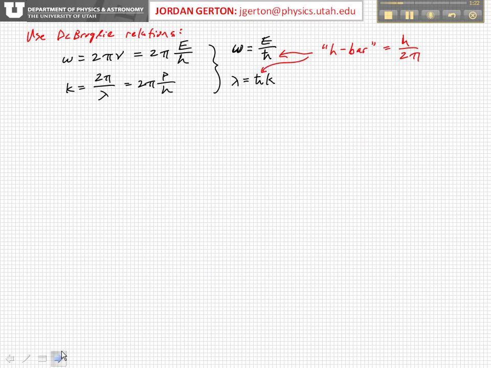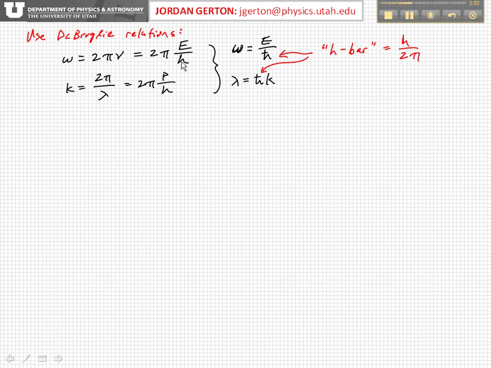Okay, so first we can use the de Broglie relationships to write omega and k, the two terms in the phase velocity. So omega is equal to 2 pi times the frequency, and one of the de Broglie relationships, which we haven't actually talked about much, but it follows from this one down here, is that the frequency is equal to the energy divided by Planck's constant.